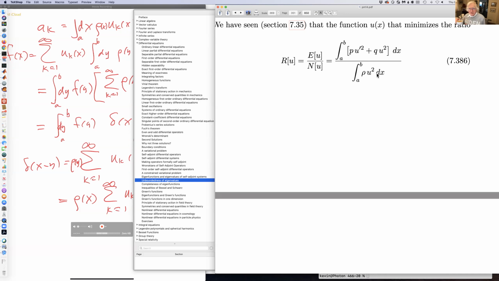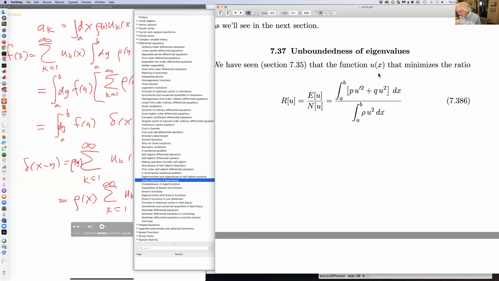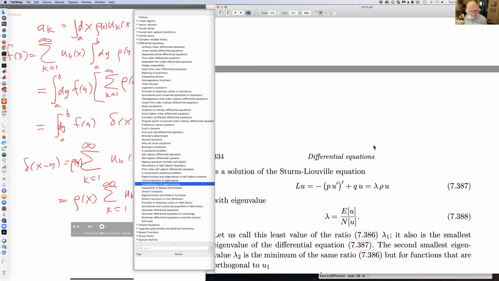In other words, it's given by this ratio if u is the function in the domain that minimizes this ratio. And then if you consider all functions that are orthogonal to u, say u1, the one that minimizes this, and you then think of all functions that are orthogonal to u1 and that in that class minimize this, then the ratio is lambda 2, the second eigenvalue, and so forth.